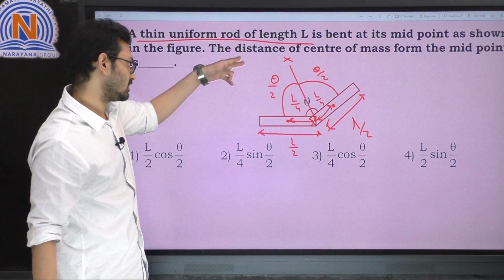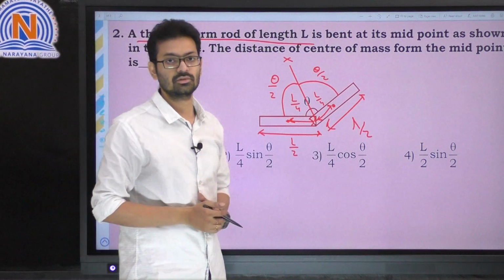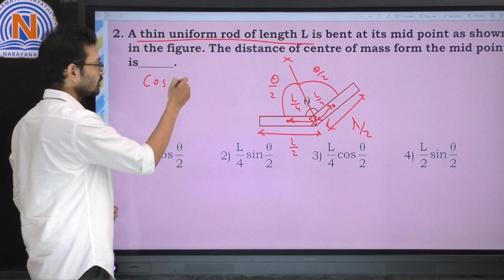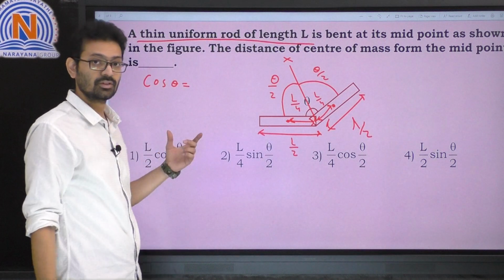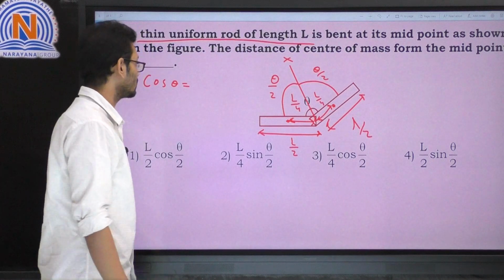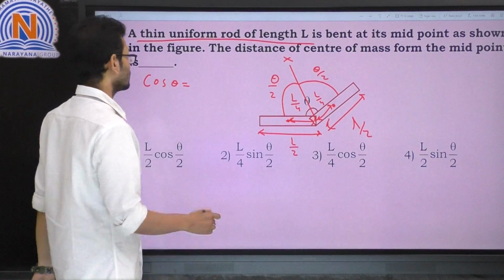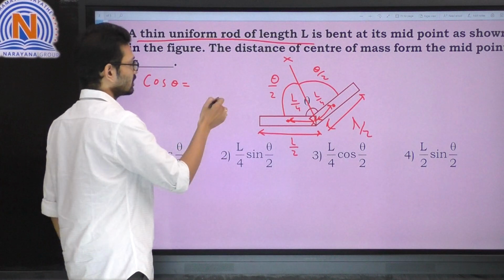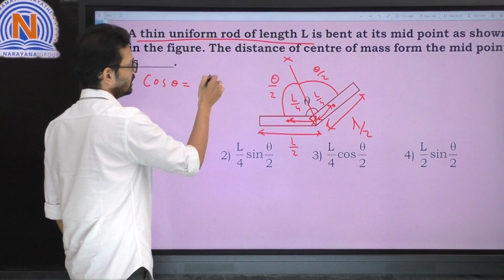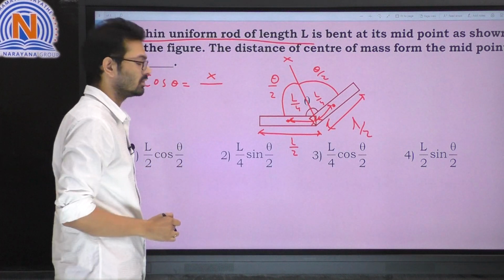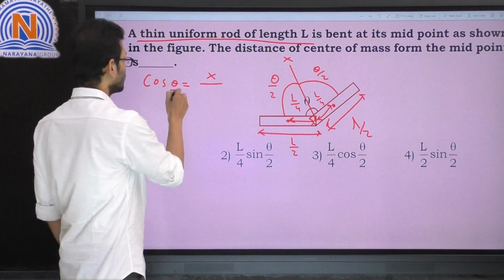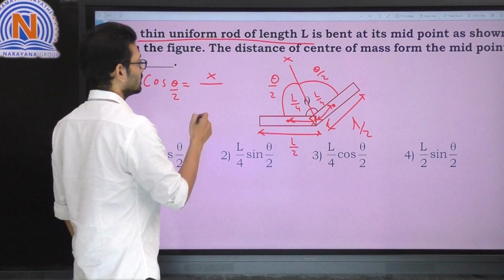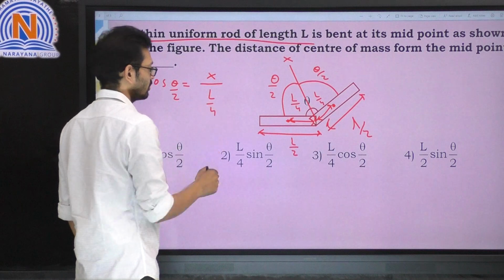Now I want this other side. Which is the best option to use? The best option to use is cos theta, because you have an angle measured from the horizontal line, which is x. So cos theta, if you consider that this side is x. Cos theta is nothing but adjacent side by hypotenuse, where theta is theta by 2 over here, and the hypotenuse is L by 4.